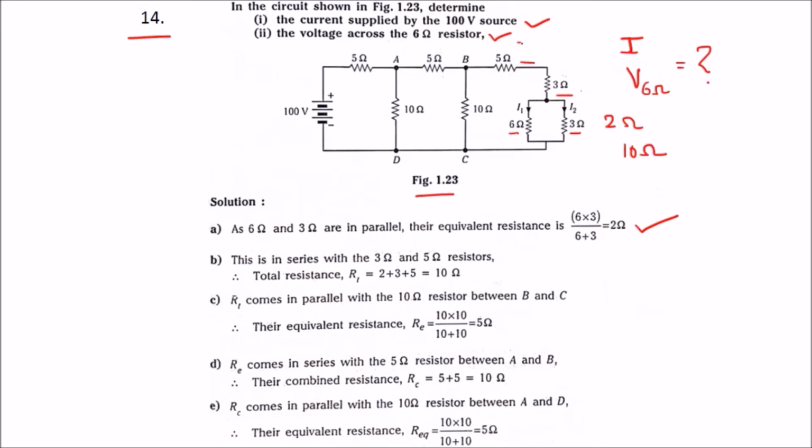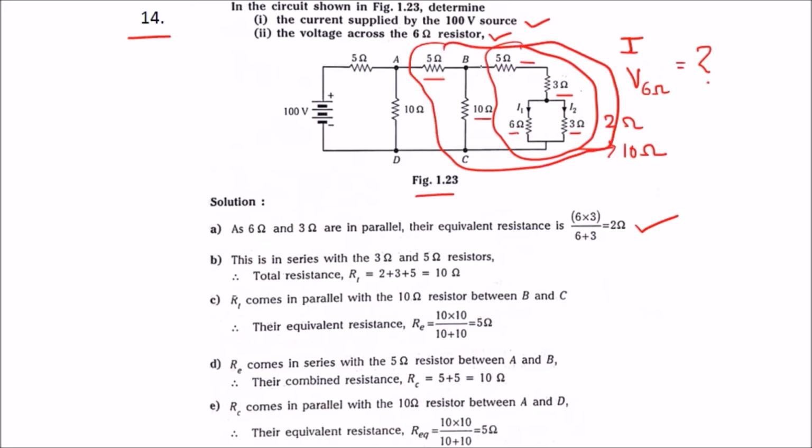So this will be equal to 10 ohm, and this 10 ohm will be in parallel with this 10 ohm, whose equivalent will be 5 ohms, and this 5 ohms will be in series with this 5 ohm.